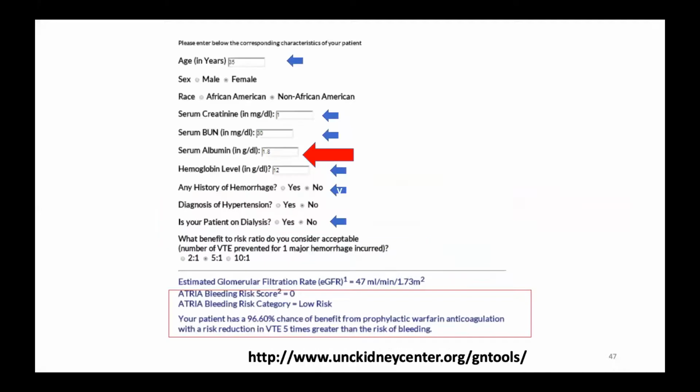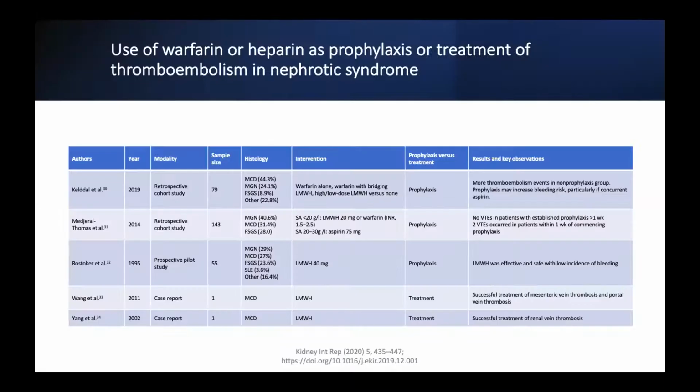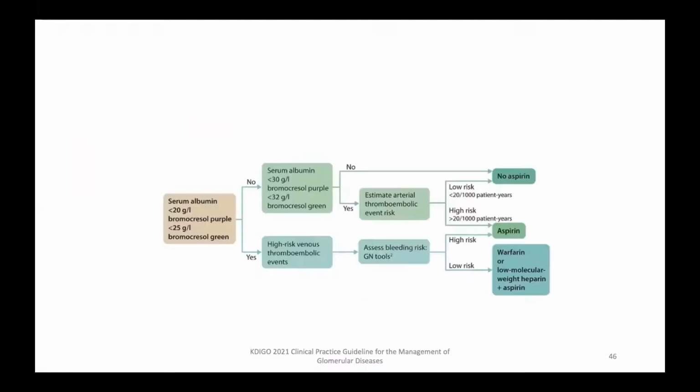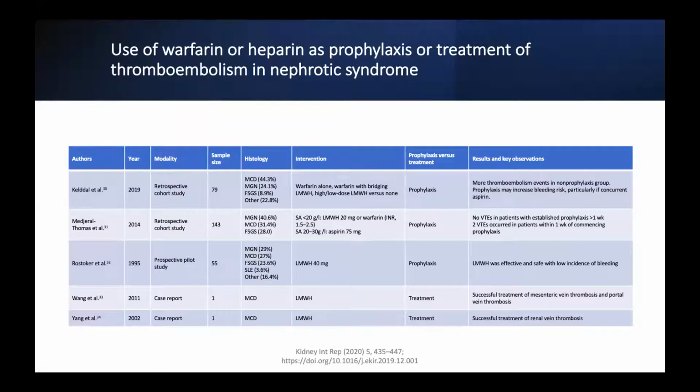When we have decided to start a patient on anticoagulation, then we should look at the options available. This is a systematic review of warfarin and heparin in the prophylaxis and treatment of thromboembolism.